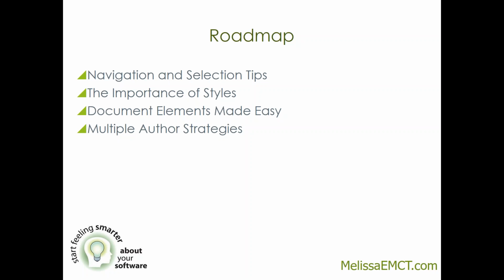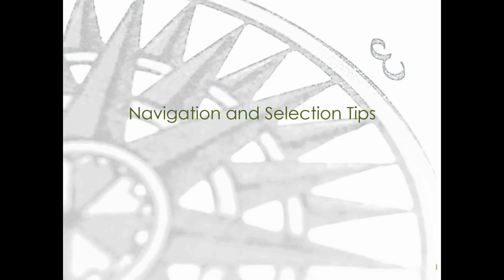And then ways to work with multiple people on a document without wanting to cause them harm. Most of the time when people are working with you on a document, they're like, oh, this is lovely, but I would much rather see this in purple, and now you're dealing with that. So we're going to talk about ways to work with multiple authors that will make your life a little easier.